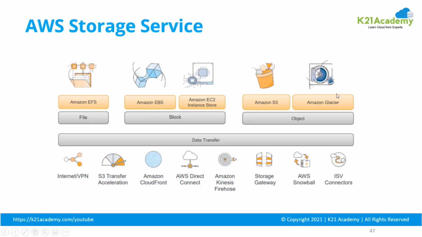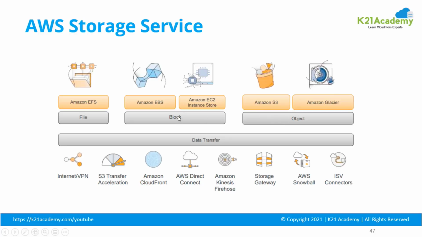There's also Amazon Glacier, which is for huge amounts of data that you're not using often, mainly for auditing purposes. Big companies have a requirement to store data for maybe seven years for audit purposes. You can put that into Glacier, where you have a lot of data. So these are two services related to object storage.